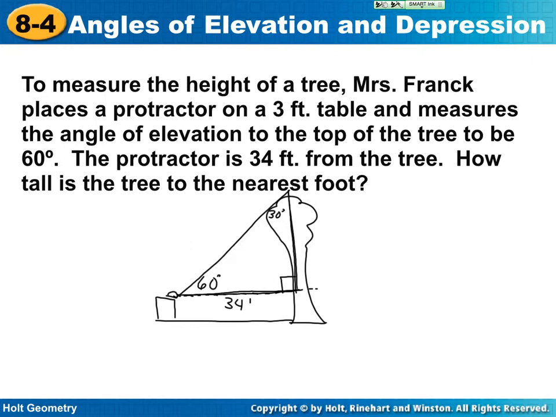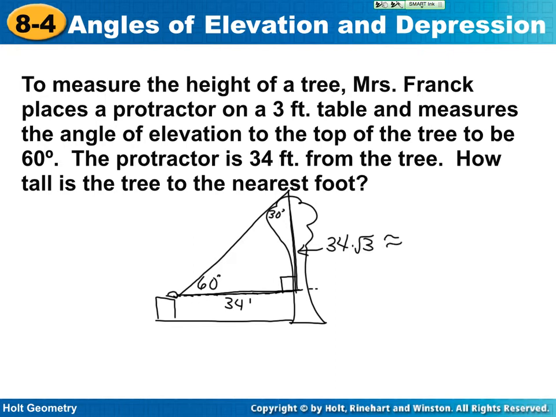So if I'm using the 30, 60, 90, I would multiply that times the square root of 3 to get across from the 60. I wish I could redraw my picture. If you don't like what I'm talking about, do the trig ratios. Come up with what that is.